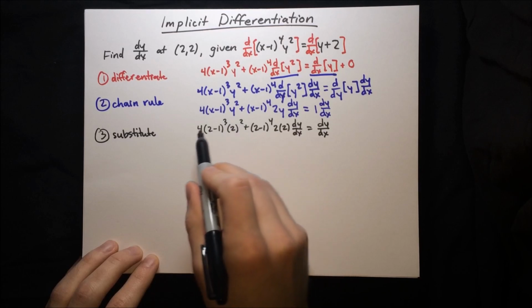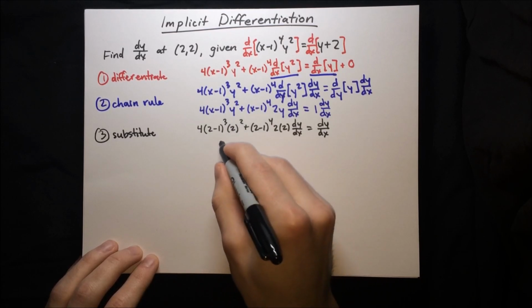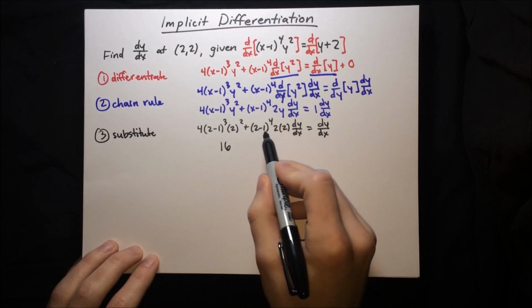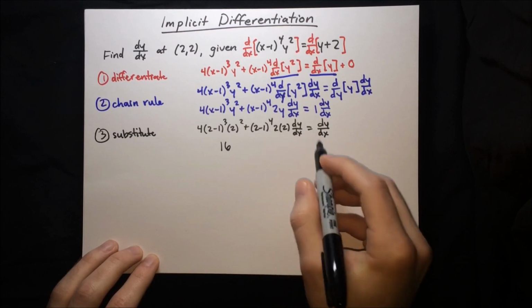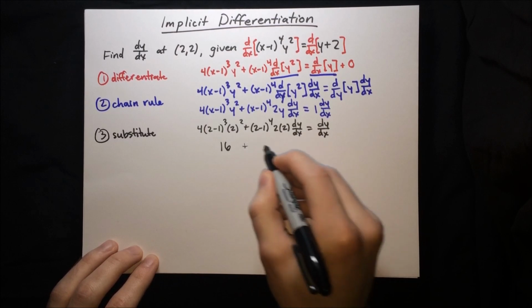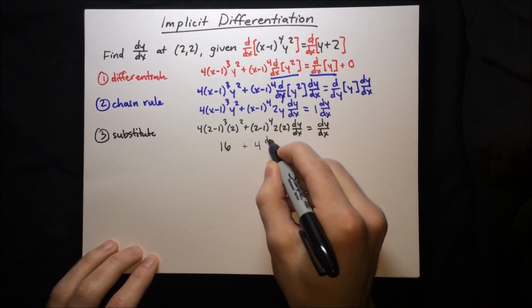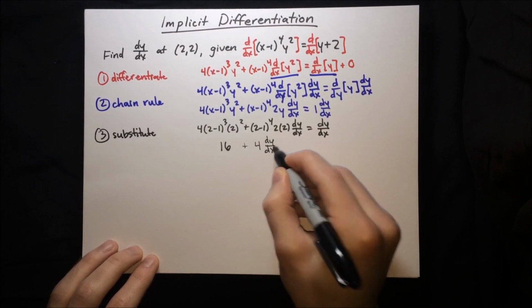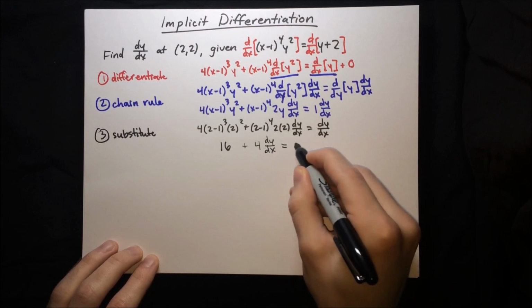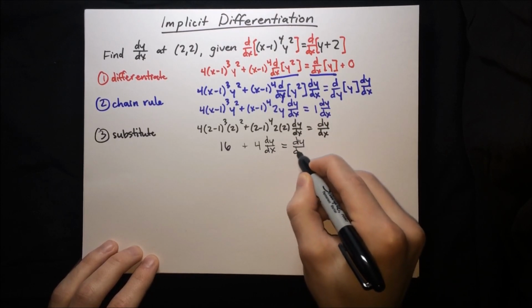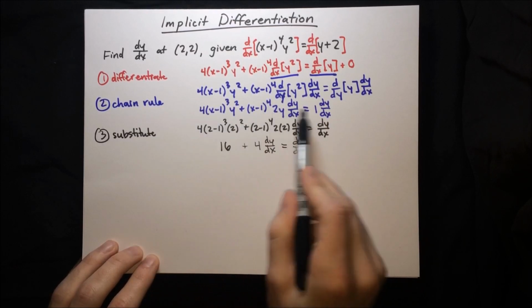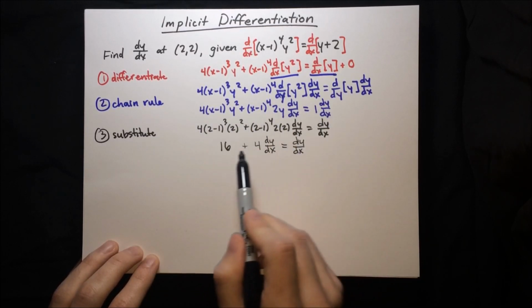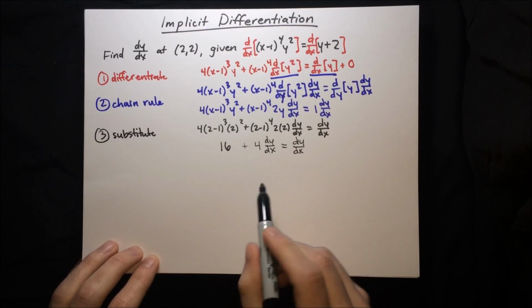And 2 squared is 4, so it's just 4 times 4, that's 16. And then 2 minus 1 is 1 to the fourth, it's still just 1, times 2 times dy dx, so we've got plus 2 dy dx, and that's equal to dy dx. So by substituting, we reduced this mess of variables equation down to this very easy to solve equation.